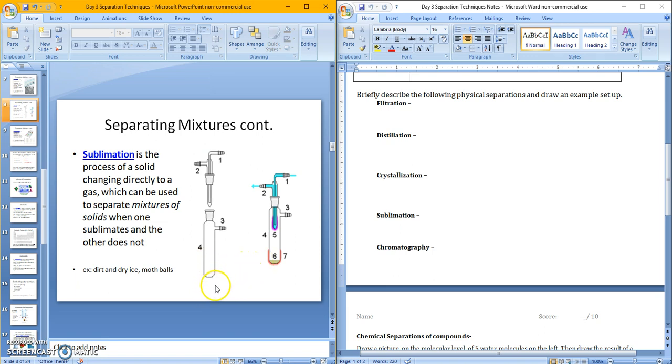As the substance heats up, the part that sublimes turns into a gas and floats up to here. This is what we call a cold finger. It's a piece of glass, and we run cold water through it so that it is really cold. When the gas hits this, it turns back into a solid. Now I have the solid that sublimes up here, and the solid that doesn't sublime down here. So that's another way of separating mixtures.